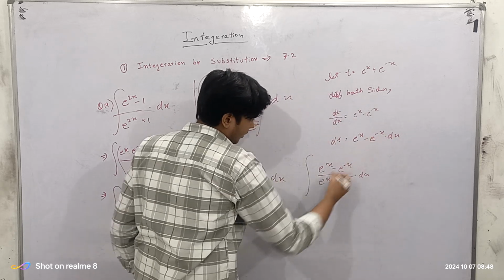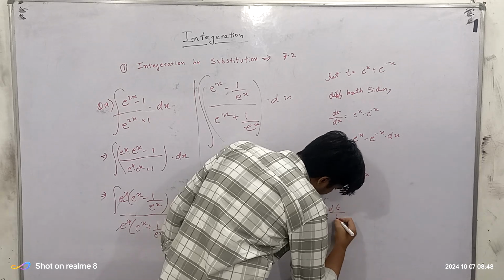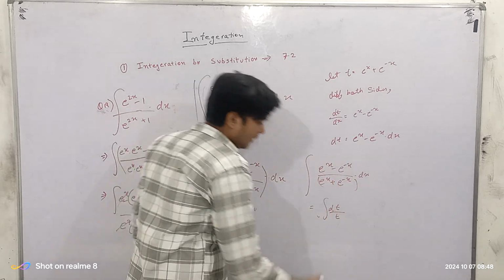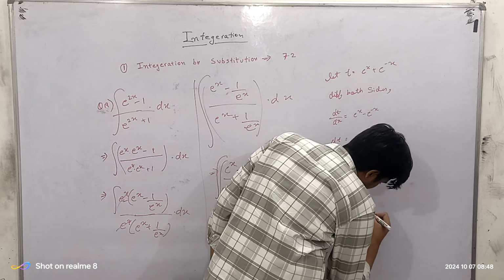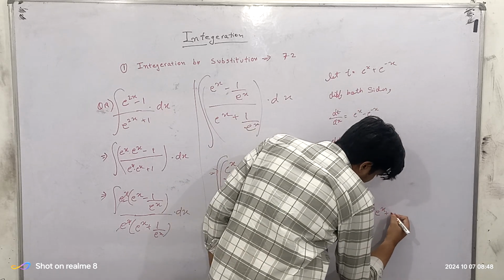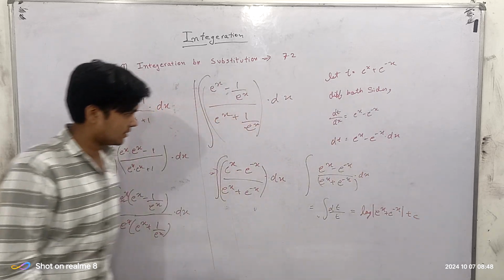This numerator we have got as dt, and the denominator we have taken as t, so dt by t, 1 by t into dt, which is log t plus c. Log t, where t is e to the power x plus e to the power minus x, plus c. This will be the answer of this question.